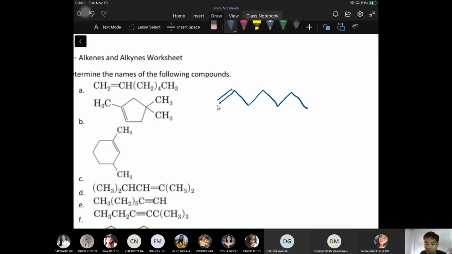So, saan nag-start yung ating double bond? So, let's start from the left. 1, 2, 3, 4, 5, 6, 7. So, anong number siya nag-start? Sa 1. So, ang kanyang magiging pangalan will be 1-heptene. First carbon, andun yung double bond. Hept, 7 carbons, -ene kasi may double bond. Okay?